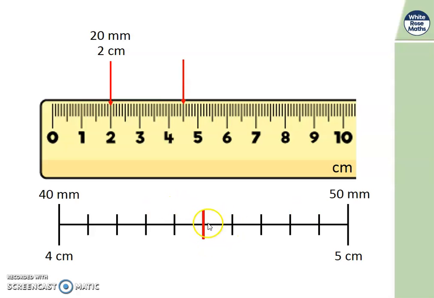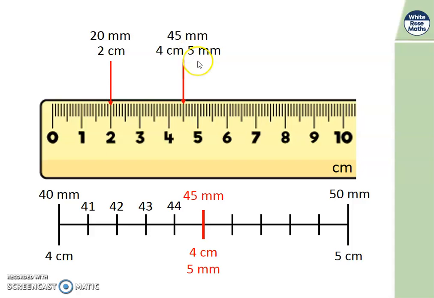And this is where we're looking for, that halfway marker. Count along: 41, 42, 43, 44, 45 millimetres. Or we can say it's 4 centimetres and 1, 2, 3, 4, 5 millimetres, like that.